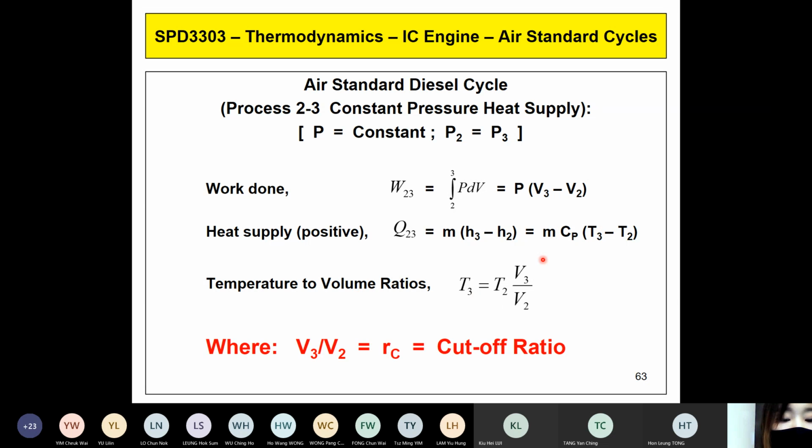Here we have another important definition, the cut-off ratio. It refers to the ratio of V3 over V2. We usually use rc to represent it.